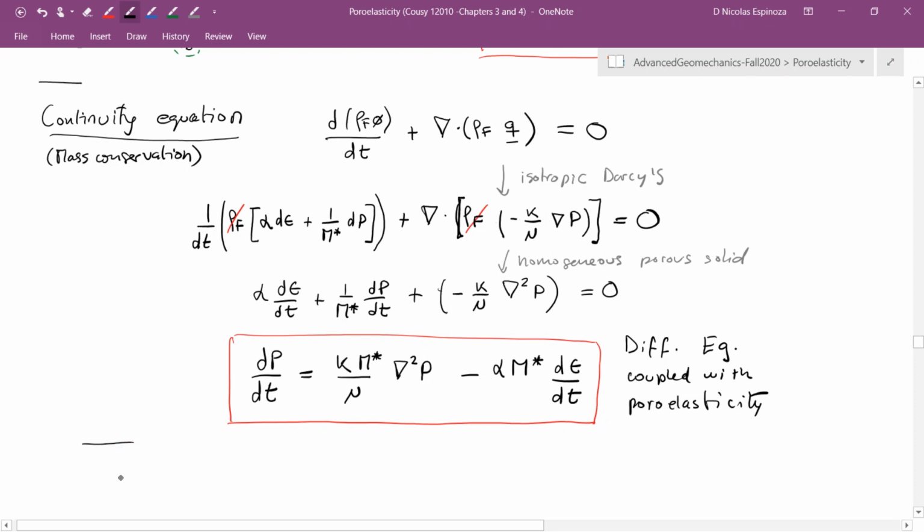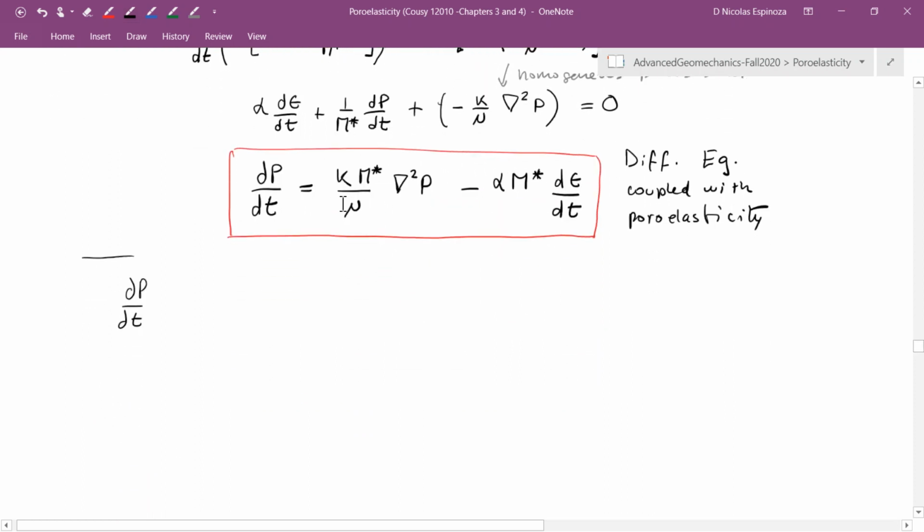The change of pressure as a function of time, as you can see, is proportional to this coefficient that we have in here.